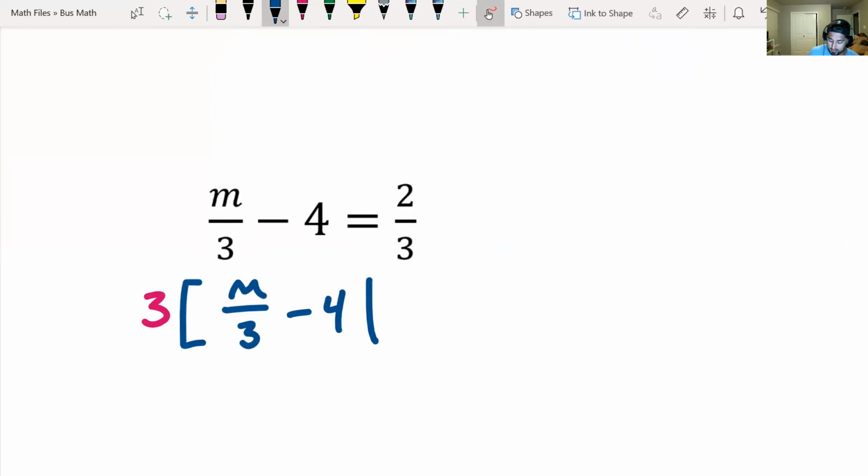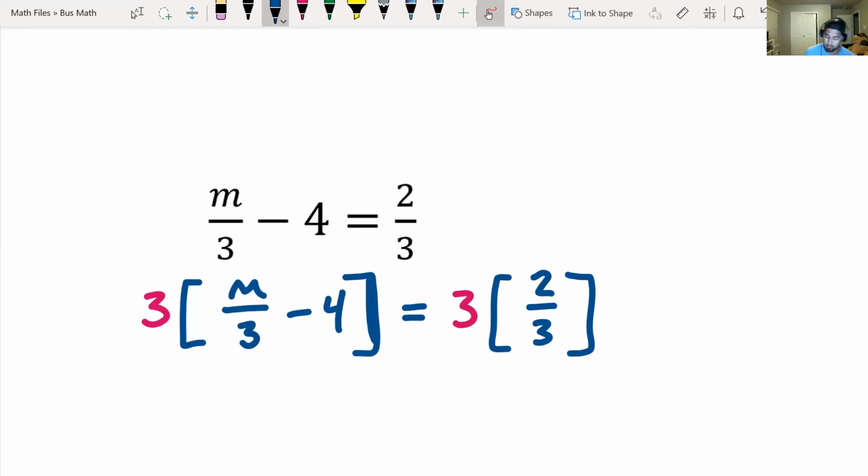Just rewrite everything to be nice and neat. All right. And again, distribute this 3 to both terms. And when I do that, well, I'll do it step by step for you.